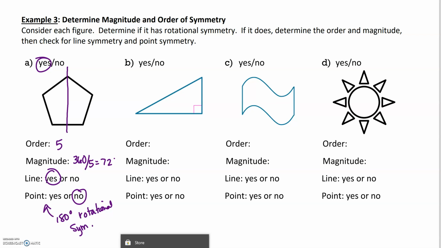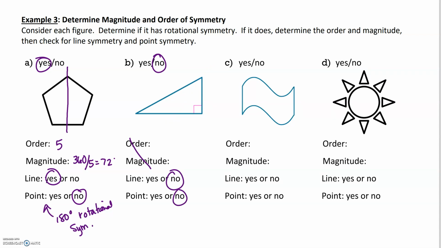And on this next one, there is no rotational symmetry because all the sides are different. So no matter how I rotate it, I have to go all the way 360. So we don't have any order or magnitude. Let's check line though, because it could have no rotational but still have line. So not that way, not that way, not that way. No line. And so no point symmetry, since it doesn't have the 180 rotational.